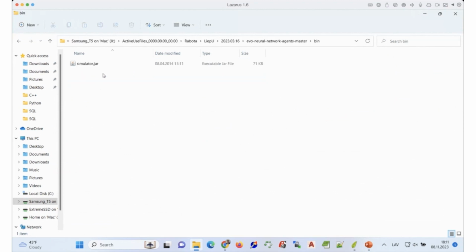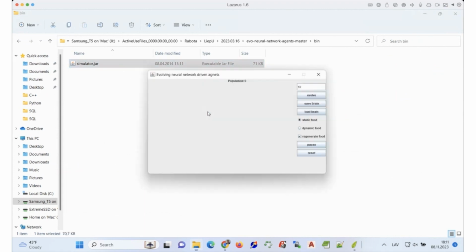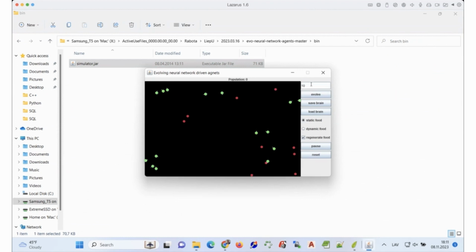So here we have one. You can find this solution on GitHub, but it's not fully working actually. So here we have a zero population. They don't have any experience, and they can just randomly catch the food item. We can even make the food item move.